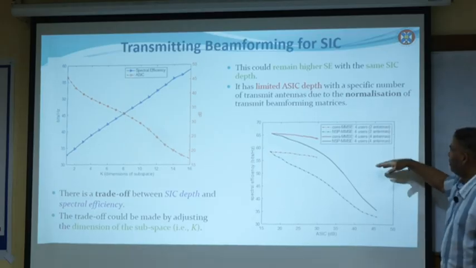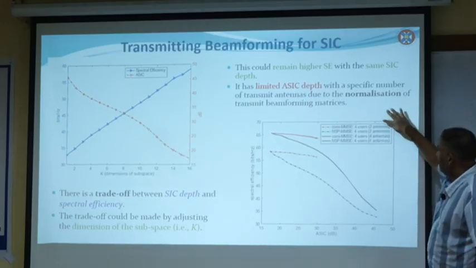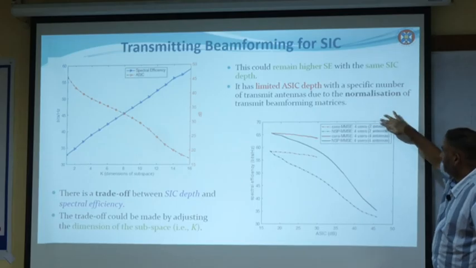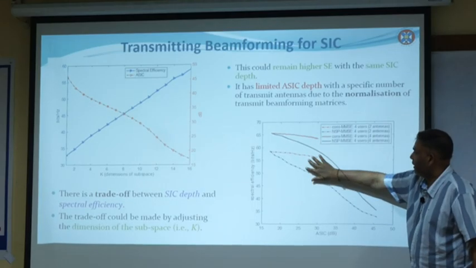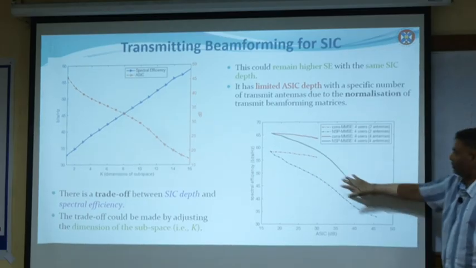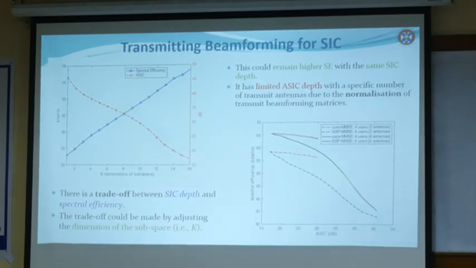This is for four users. Here users have two antennas, and here users have four antennas as well. So these are our studies of cancelling the self-interference by beamforming techniques.